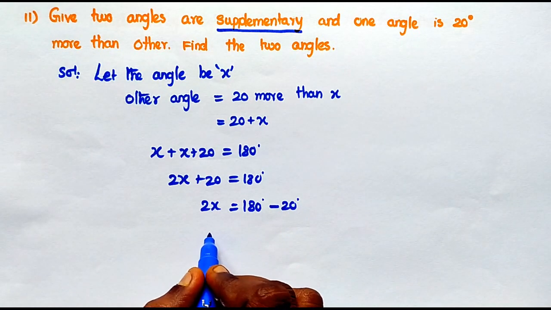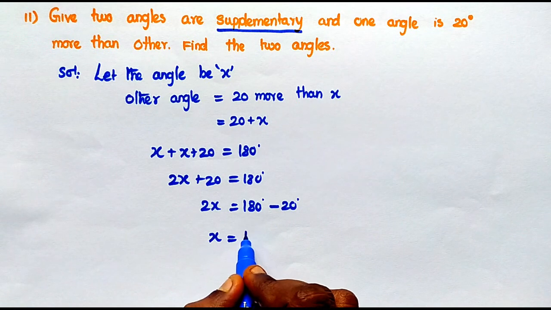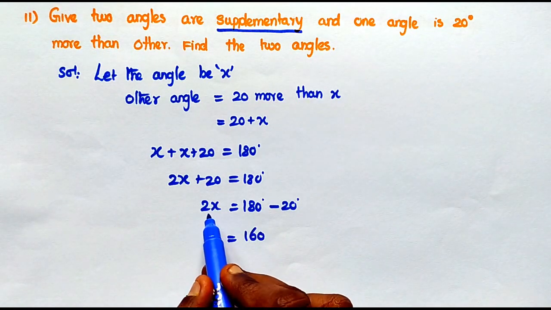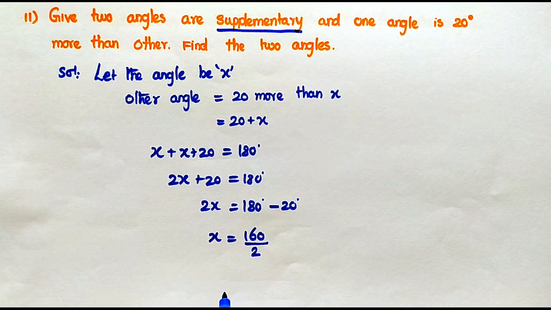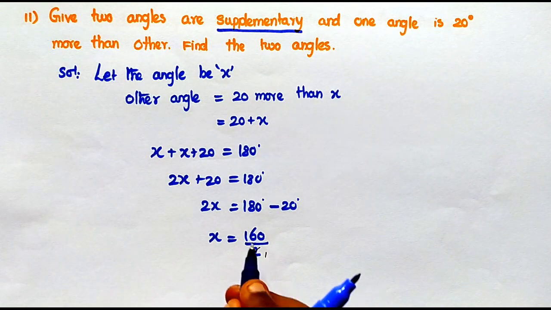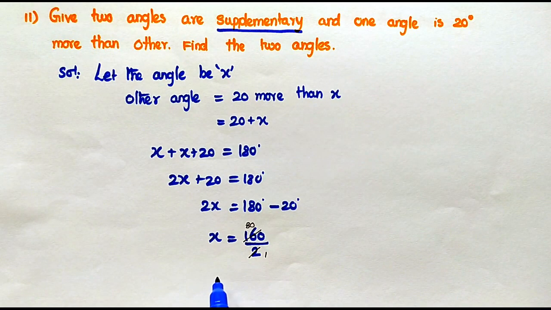So that is 180 minus 20, that is 160. Here 2 is in multiplication, bring this side means it is division. Cancel these numbers. 2 1 is 2. 2 8s are 16. So 80. So x equal to 80 degree.